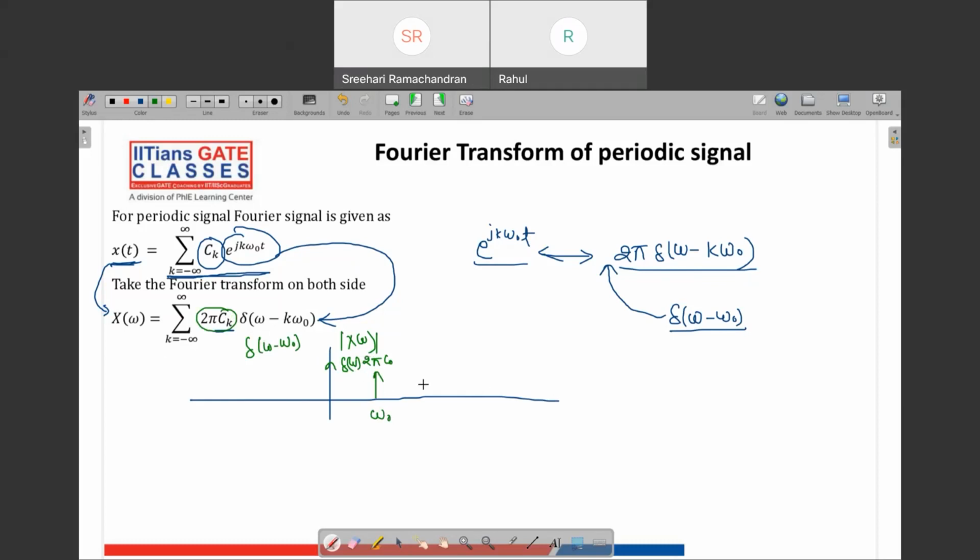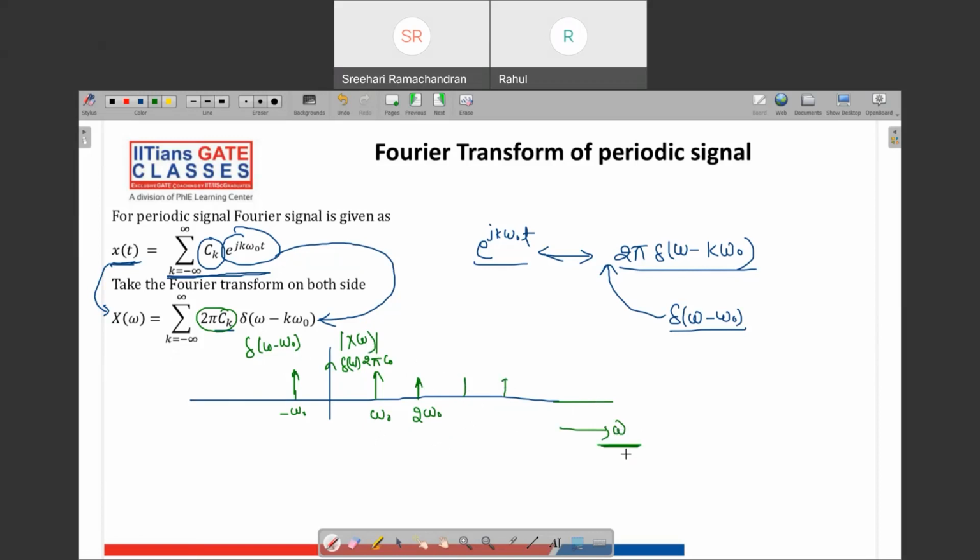For k equal to 2, you'll get an impulse at 2 omega naught. And for k equal to minus 1, you'll get an impulse at minus omega naught, and so on. So for this periodic signal, the Fourier transform is discrete in the frequency domain. You get only discrete components; it's not a continuous function of omega.